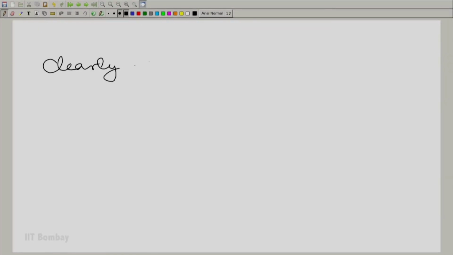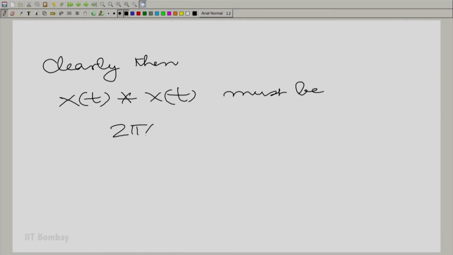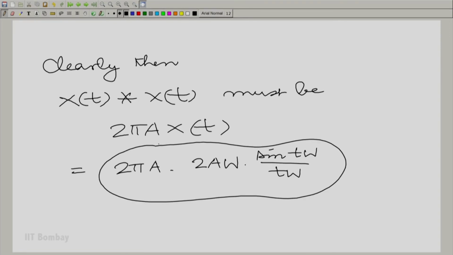So, in fact, I can straight away write down the convolution of x t with x t. Clearly then, x t convolved with x t must be 2 pi a times x t, which is 2 pi a times capital X t, it was 2 a w sin t w by t w.